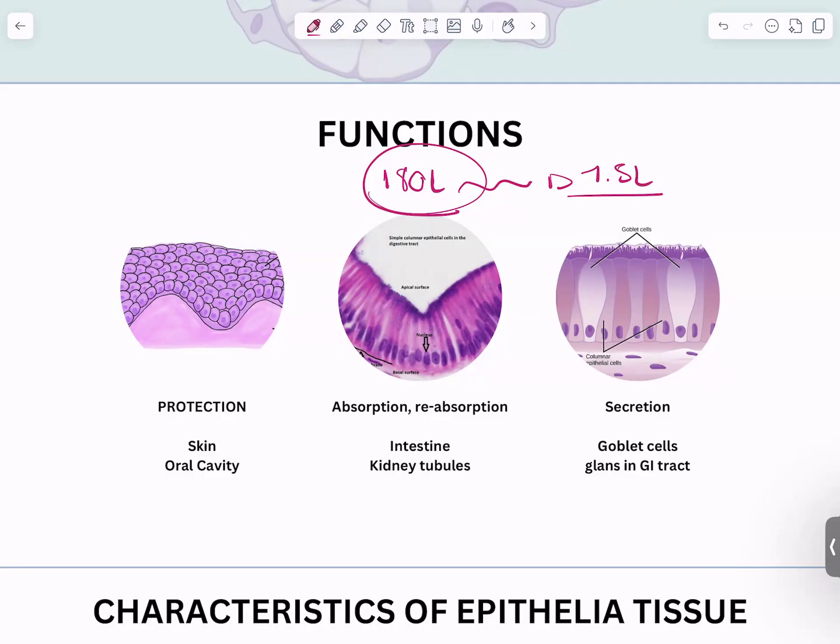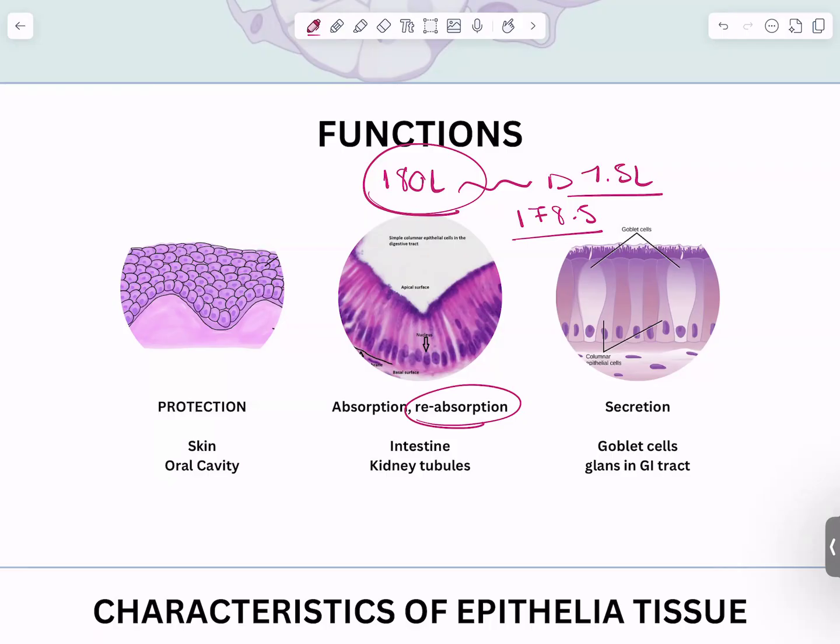So about 178.5 is reabsorbed into the human body. So absorption is when you eat something and it enters the human body. Reabsorption means that you filter the fluid of the human body, then you reabsorb it.